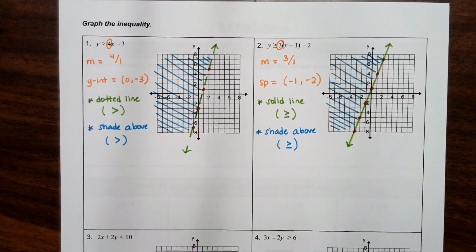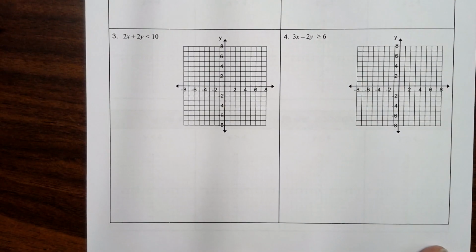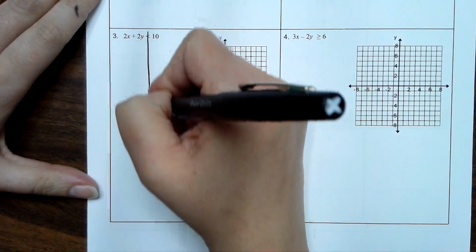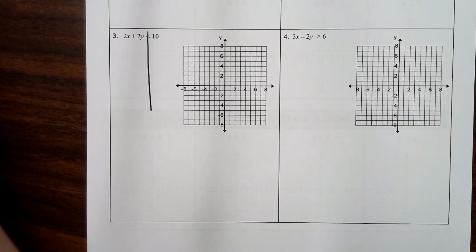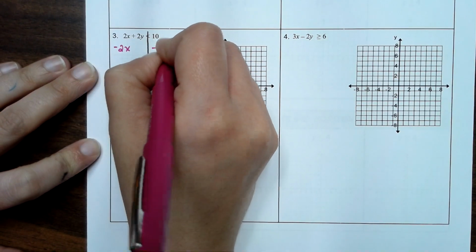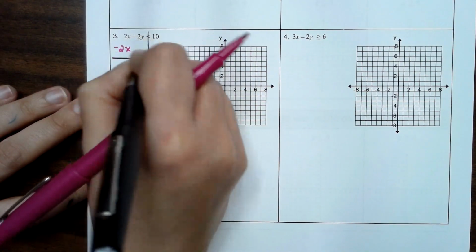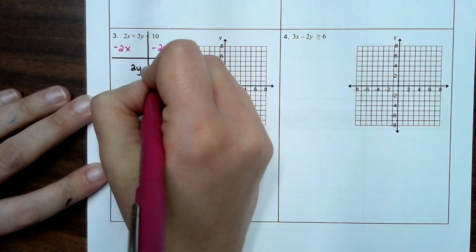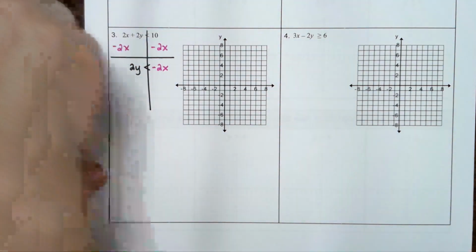Let's do one more example. For the next problem, I'm going to need to get y by itself before I start. To do that, I'm going to start by subtracting the 2x on both sides, which means I get 2y is less than negative 2x plus 10.